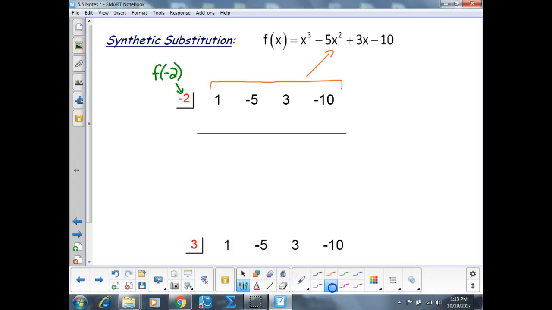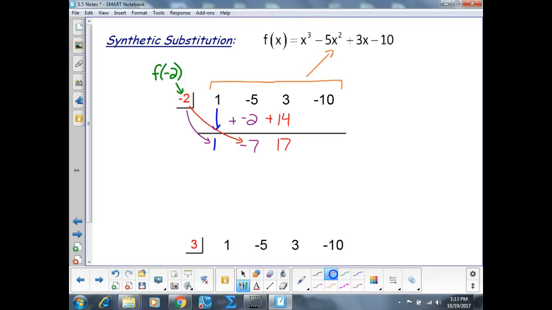Okay? First thing I do then is I drop the first number. Then I multiply. Put it right there. Add them together. Then multiply. Add them together.